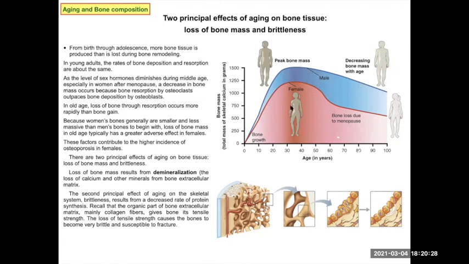For females, number one, they're starting off with a lot less bone density. And the second thing is the age at which this big precipitous drop happens, right about here. This is around menopause, and what happens at menopause is you start to decrease in estrogen.